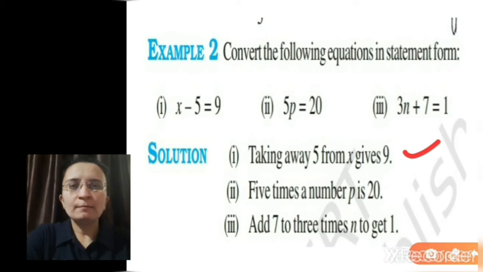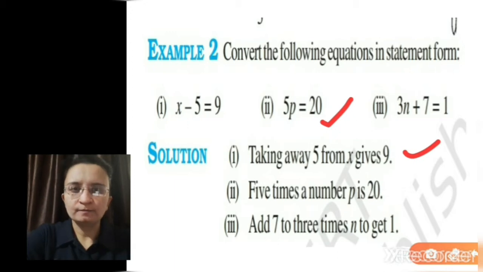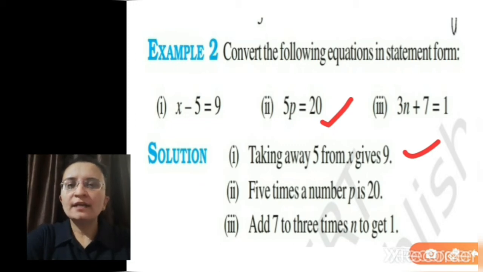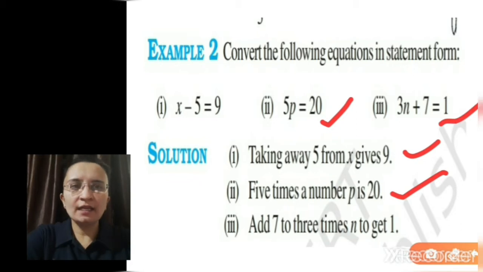Now example 2. 5p equals to 20. So what we will write as a statement? 5p, that means 5 times a number p is 20. And the third example, 3n plus 7 equals to 1.